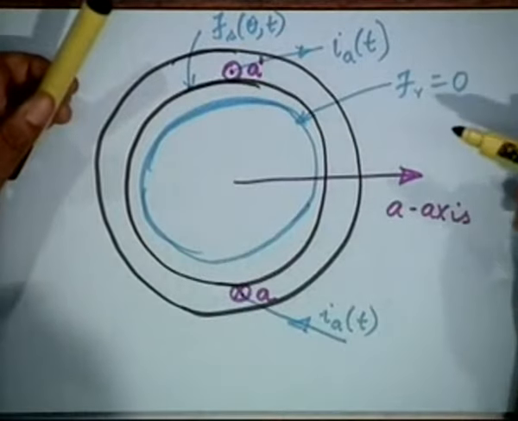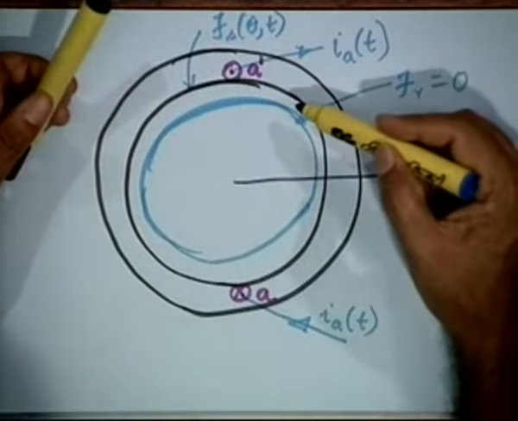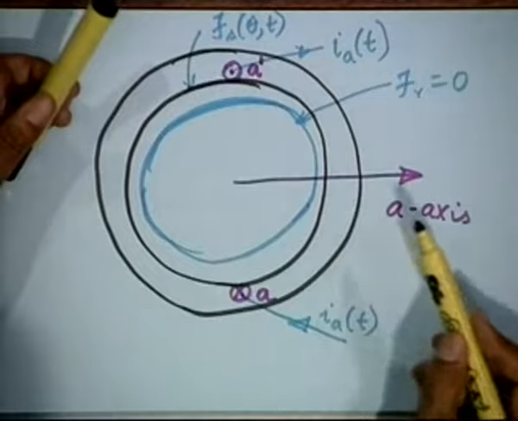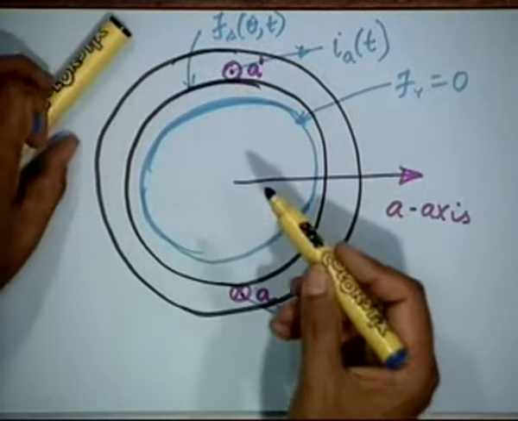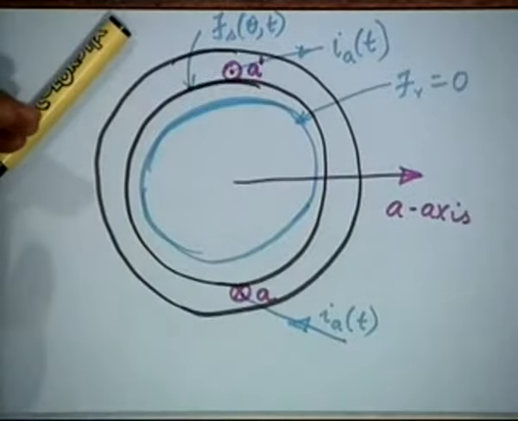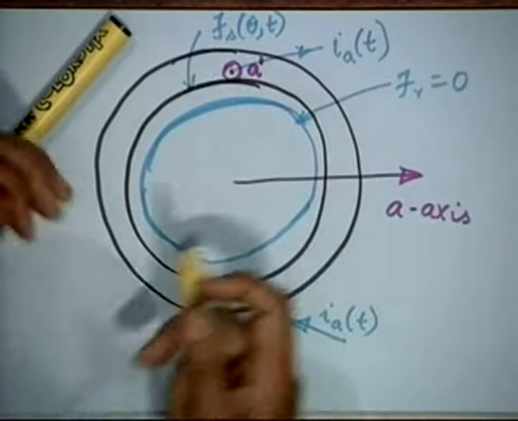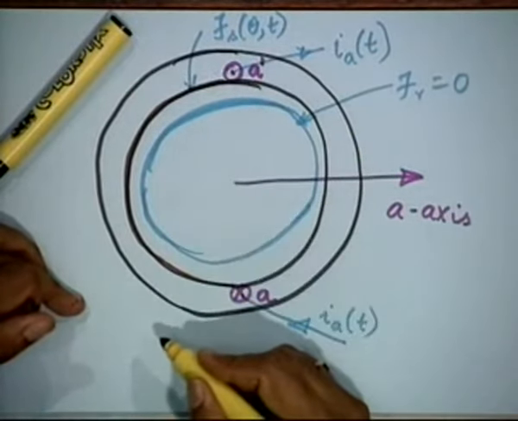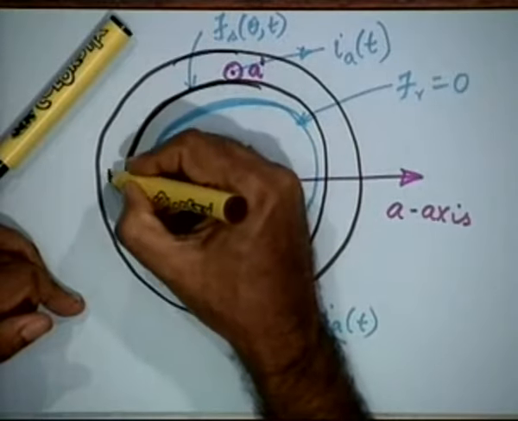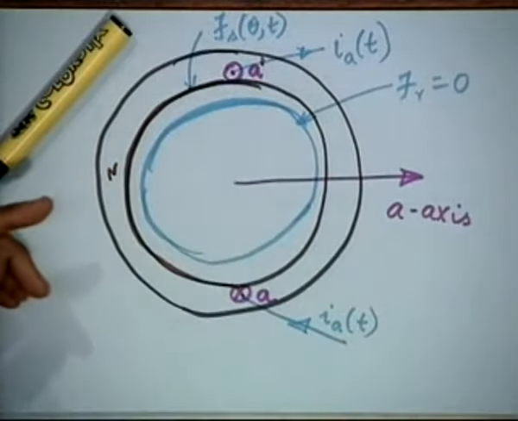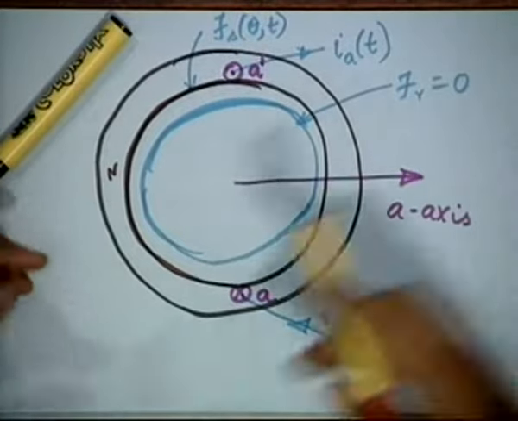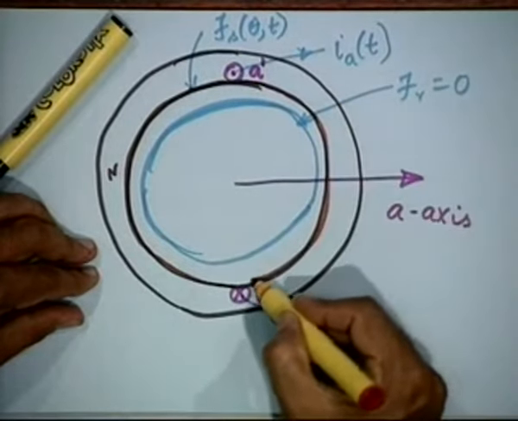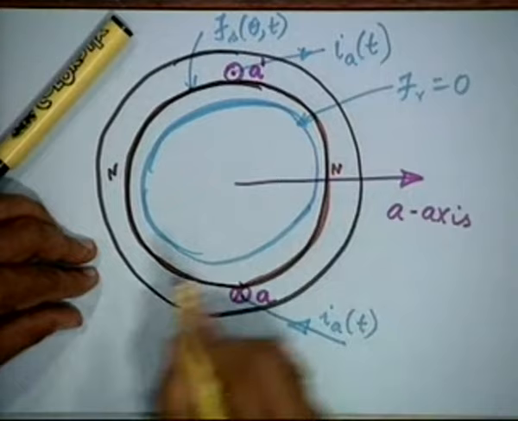This stator now will assume an MMF which varies both in space and time, because my current is varying in time. Otherwise, we were understanding earlier that this portion will assume one potential and create a north pole here, and the other portion will create a south pole, isn't it?